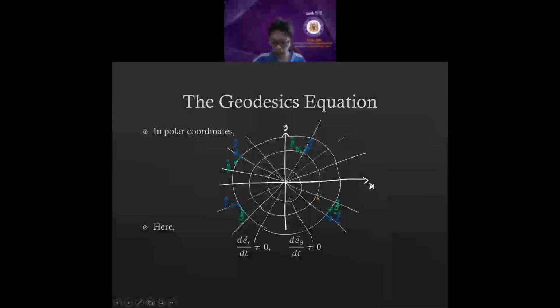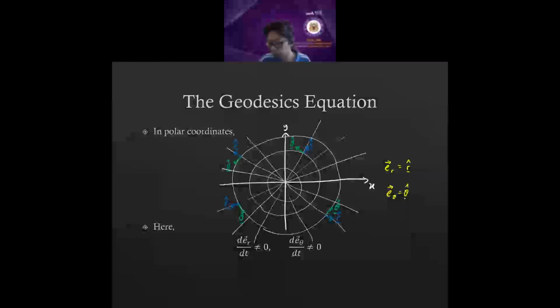In particular, instead of having the rate of change of the basis vector equal to 0, let me make a note that here this one is referring to r hat, and this is referring to theta hat. So along any curve, the rate of change of the unit vectors is no longer 0.